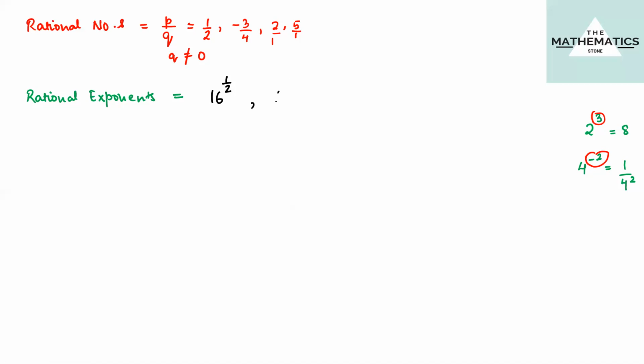What about 27 raised to 1 over 3? So these are nothing but rational exponents. It just means that the exponents are in the form of rational numbers. It can be a fraction as well. Very soon we'll see how to evaluate this and how to evaluate this. Just bear with me. Now I also want to tell you what are radicals.